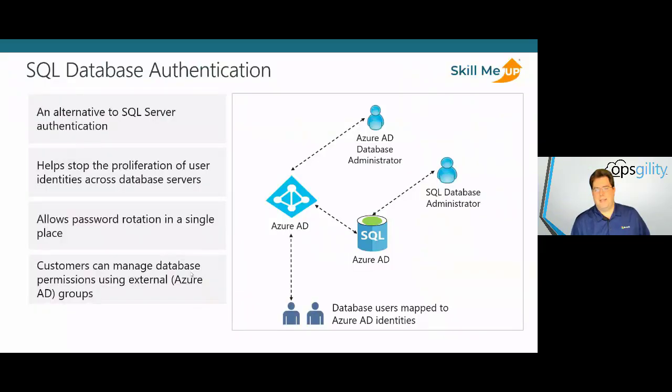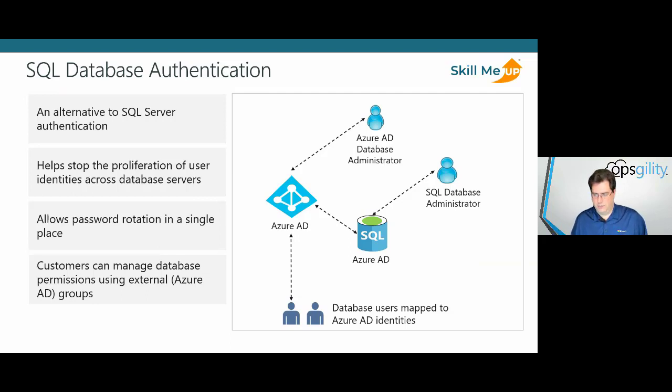As we continue down the data and databases, we need to talk now about SQL database authentication. We have different capabilities within here, as we did with storage accounts. Generally, from an Azure Active Directory standpoint, we have our Active Directory database administrator, and at the database level, we generally have a SQL database administrator.